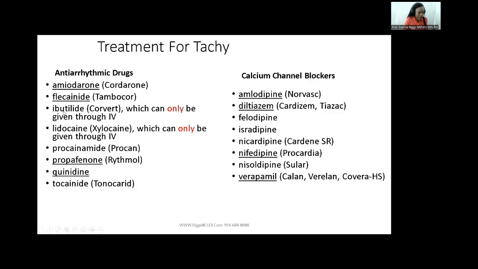Ibutilide, Corvert, I've talked about already, is only IV. Lidocaine, only IV. I've mentioned procainamide, propafenone, quinidine. So what you need to do is minimally be able to classify these drugs, knowing that they are used for antiarrhythmic purposes, minimally.